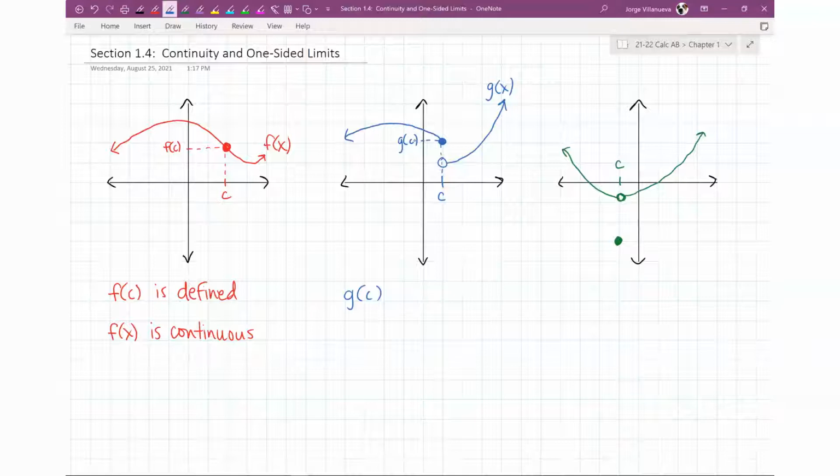It's not the open dot, it's the closed dot, right? So g of c is defined. Don't know the answer because we didn't mark anything, but it does have an answer. And g of x, though, is not continuous, right? It breaks. So g of x is discontinuous.